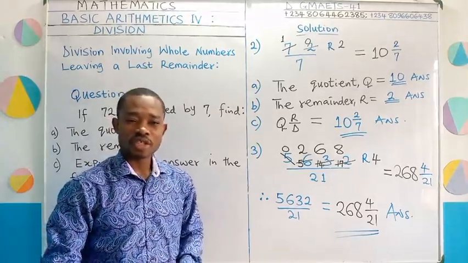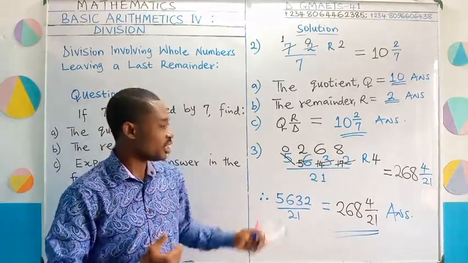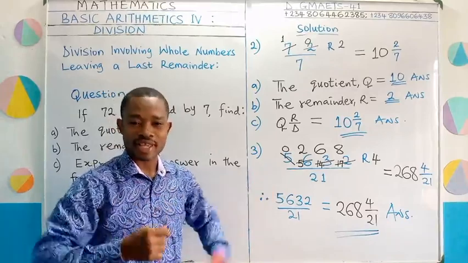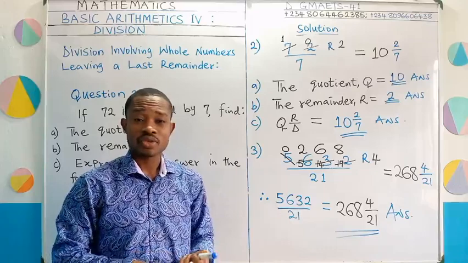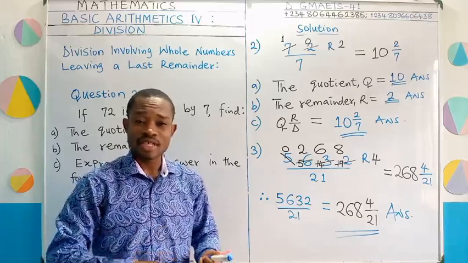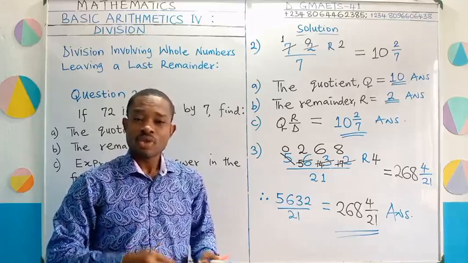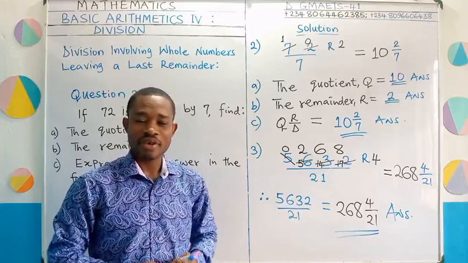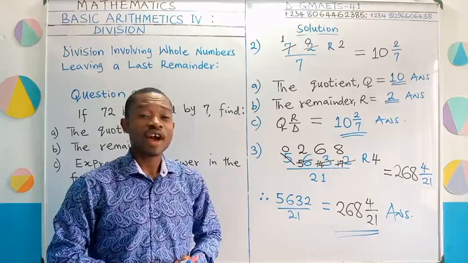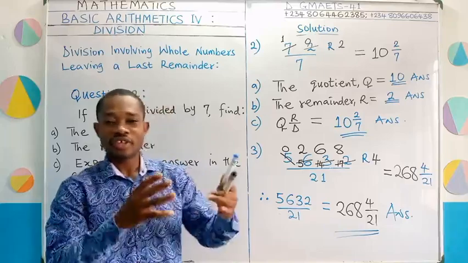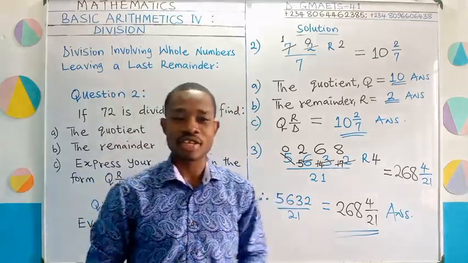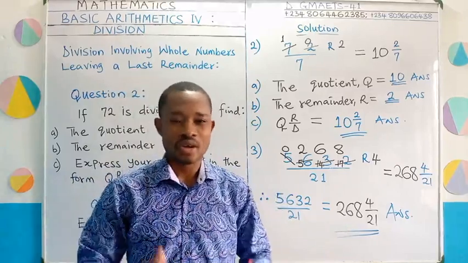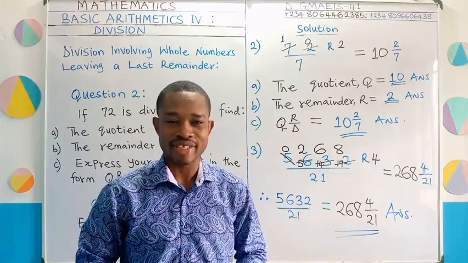Please, rewatch these solutions, especially that of number 3. We've solved 3 questions, writing our answer in mixed fraction form. Rewatch this video lesson, very important. If you have any question that the video lesson does not give an answer to, send your question across and you will get a response, you know already.